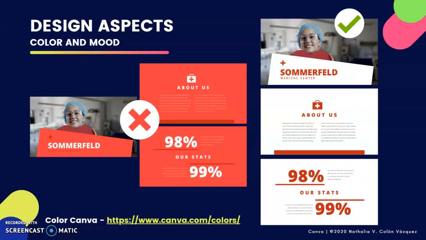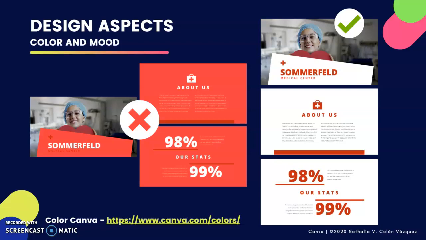Here we can see an example of how we will work with balanced colors in a presentation that has to do with health. We can use a color such as red, but we have to think about our audience when we are working with our colors.